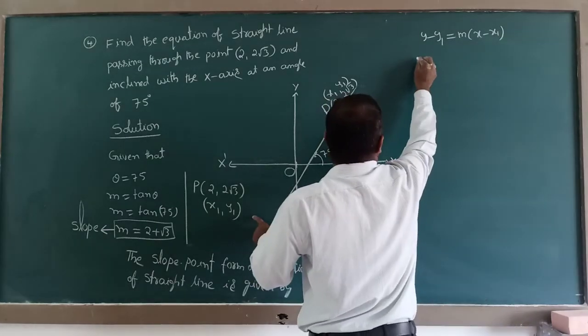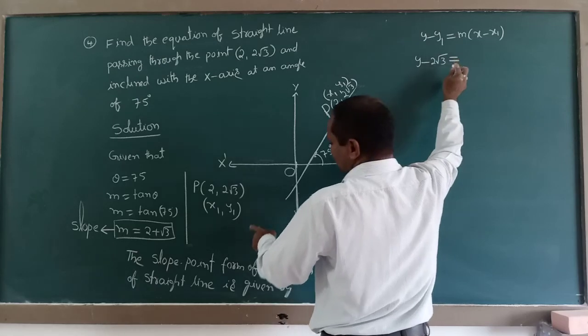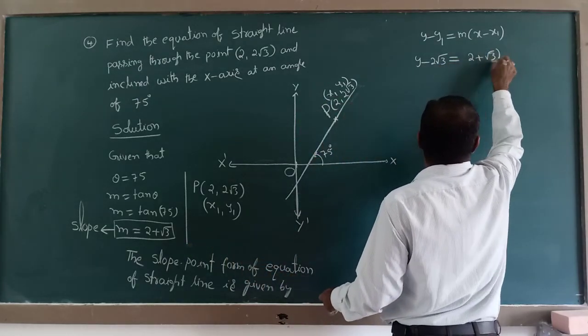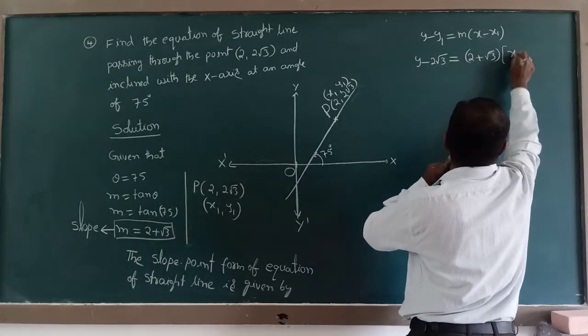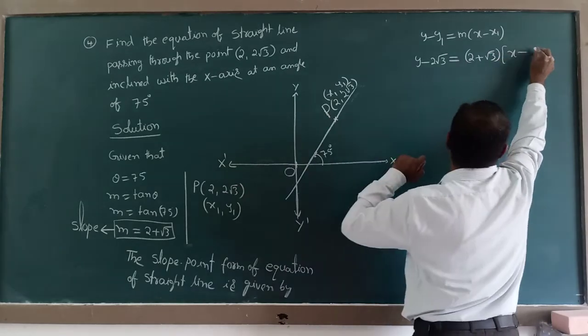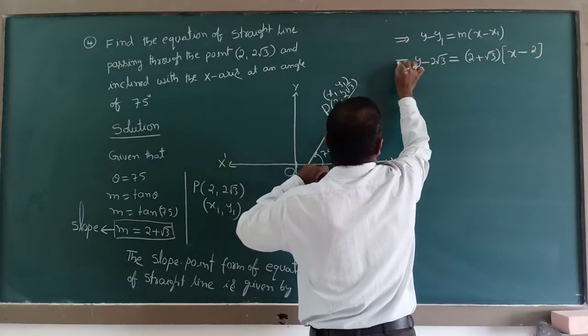Y minus y1, that is y minus 2 root 3, is equal to m, whose value is 2 plus root 3, into x minus x1. The x1 value here is 2 only. That should give this simplification.